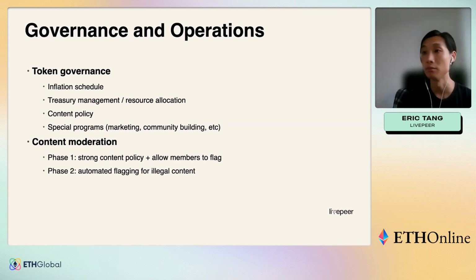And I think here to start out, having a strong content policy and having a mechanism for token holders to be able to flag questionable content is a good way to get started pre-scale, right? And once you get to scale, once you become a bigger target, I think you can start to invest in automated flagging for illegal content, and there's a lot of good well-trodden ground in terms of how platforms have done that in the past.